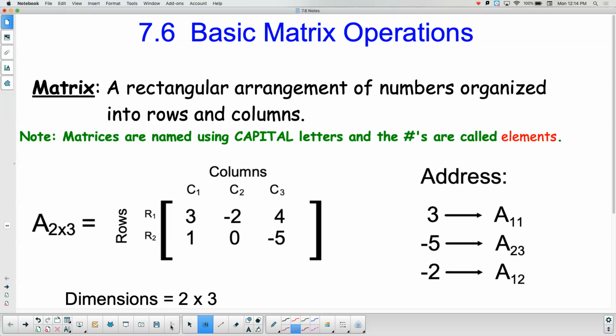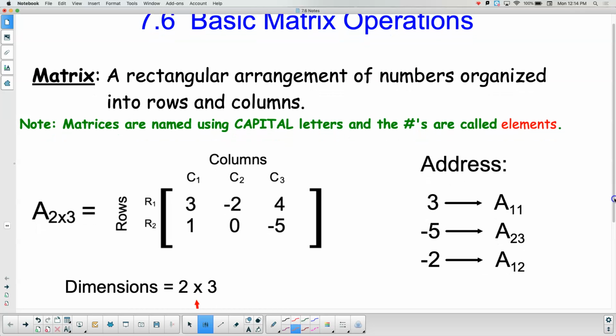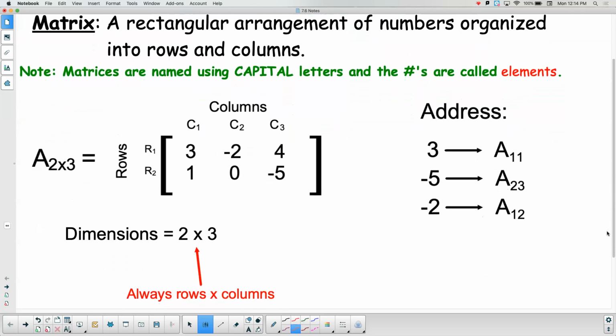Just like you have an address where you live, each element has an address where it lives. So for instance, the element of 3 lives in A11. That's A, meaning we're in matrix A, row 1, column 1. Again, everything in matrices is rows by columns.